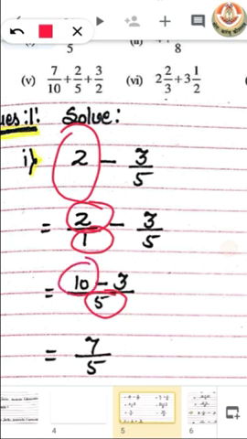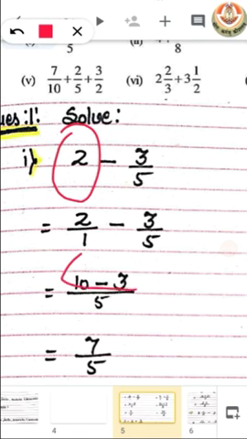Then for the next one, we again divide first. We get 1 as the answer. Then we multiply the answer with the numerator. We get 3 as the answer. Now 10 minus 3 will be 7, with 5 as the denominator.